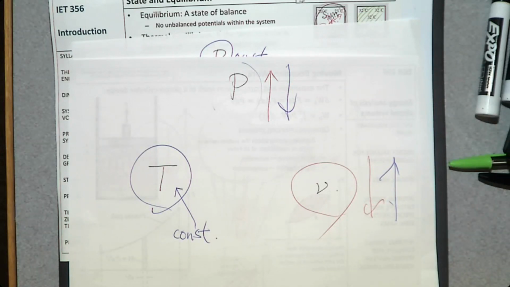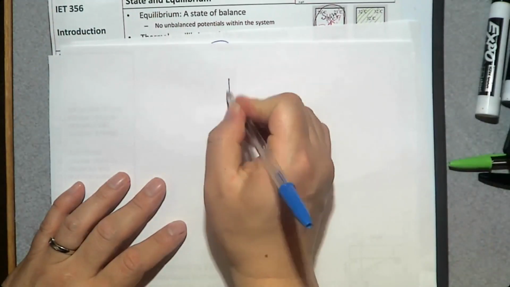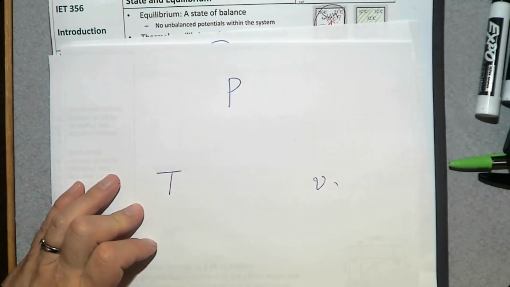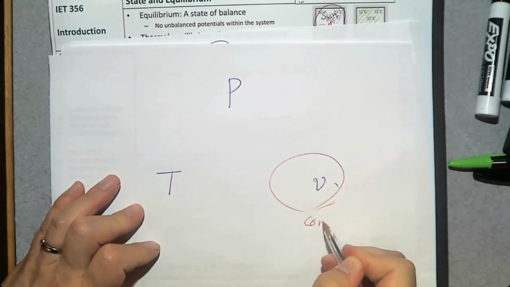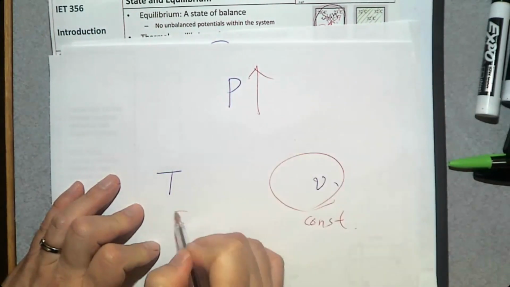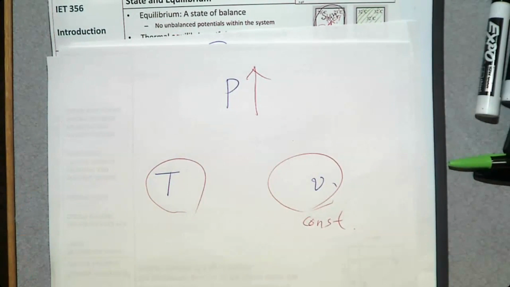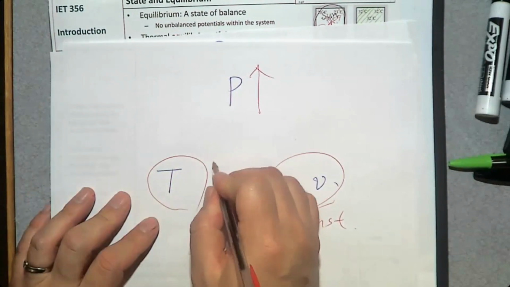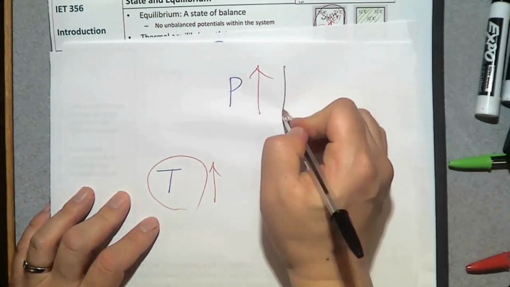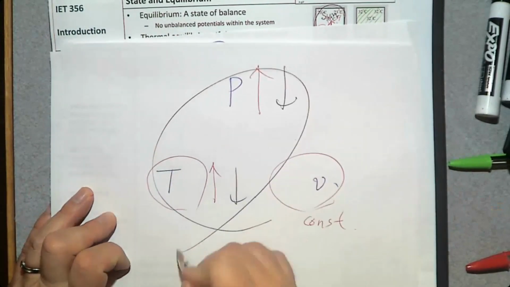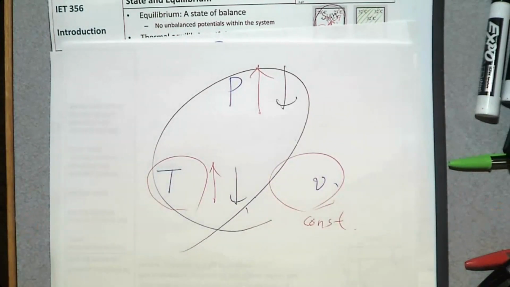So we can understand easily when you make one property constant. Let's look at another example. Now, pressure, temperature, and volume. This time I'm going to say volume is constant. When pressure goes up, what happens to the temperature? Yeah, it goes up. When the pressure goes down, temperature goes down. So we can understand easily when we fix one property.